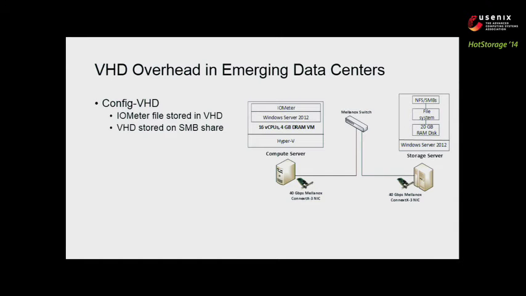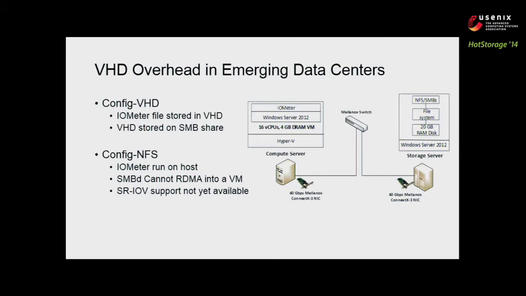The config for the VHD is the same as previously. The I/O meter file is stored in the VHD, and the VHD is stored on the SMB share. For the NFS, unfortunately, SMB cannot do RDMA directly from a VM because SR-IOV support is not yet available. So we run I/O meter directly on the host.